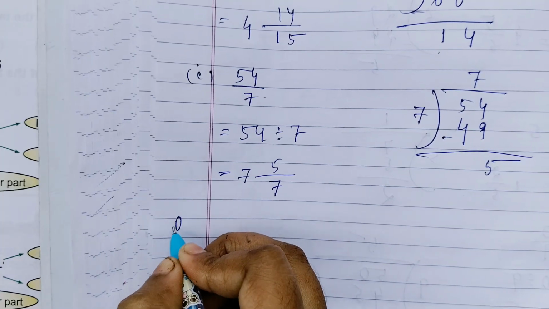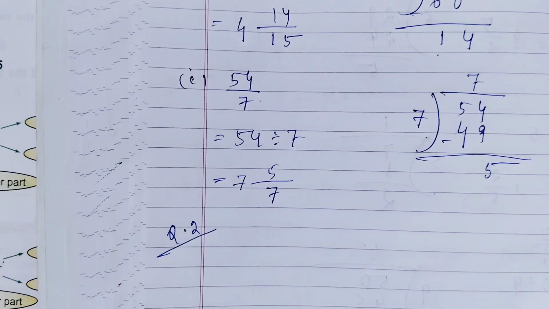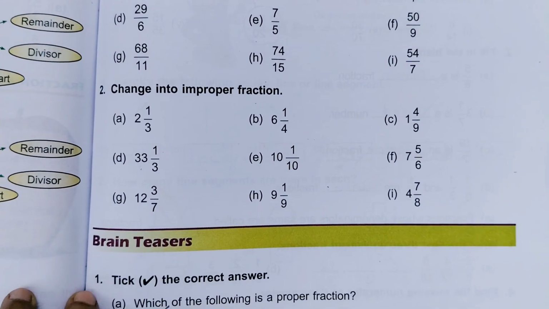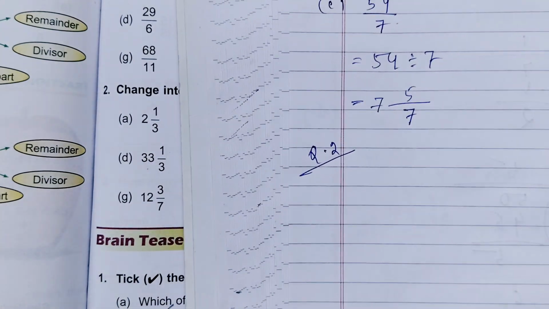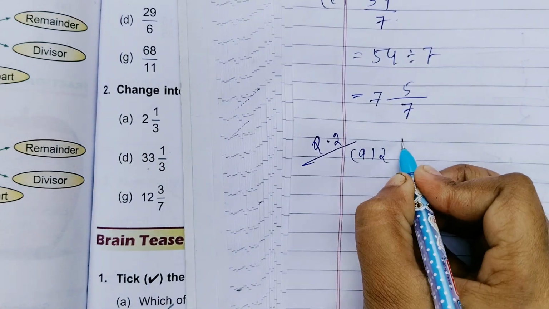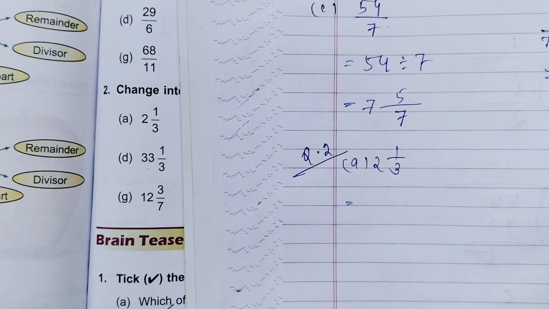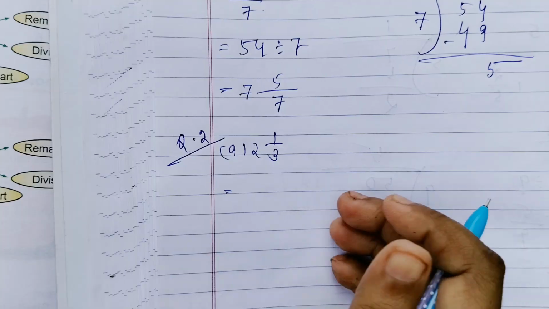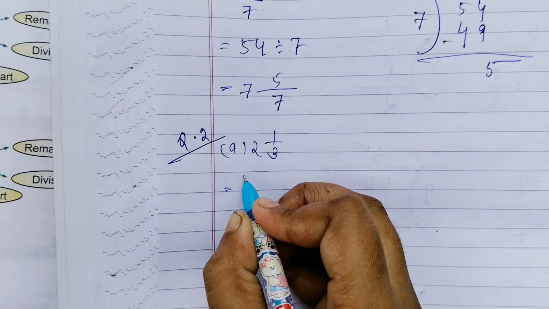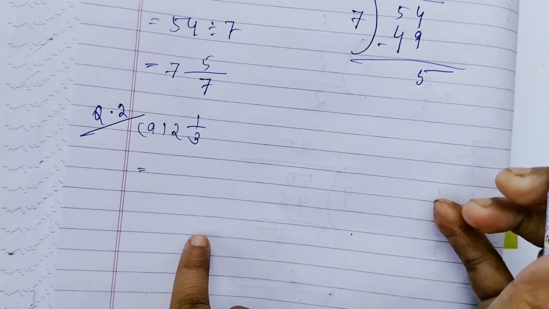Now we solve question number 2. Change into improper fraction. A, 2 whole of 1 by 3. First we write the natural number part into denominator plus numerator by denominator. So, first write its formula.